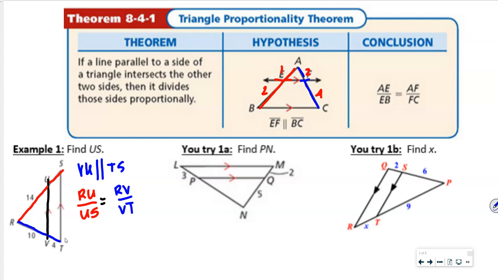Now what we're going to do is substitute in those numbers for those variables. So we've got 14 over US is equal to 10 over 4.